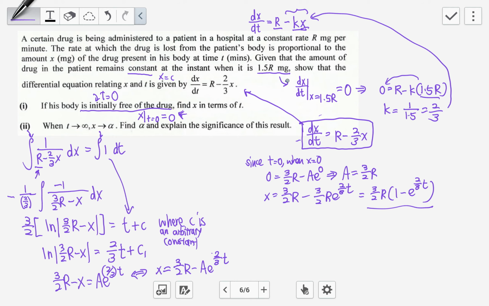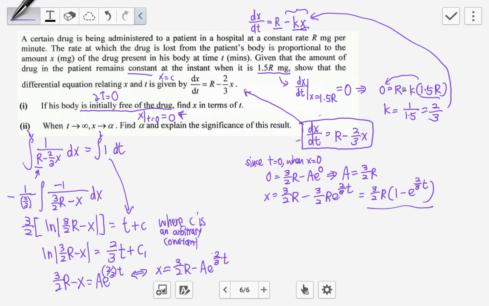So dx/dt at 1.5r equals to 0. So 0 equals to r minus kx. x is my 1.5r, so correct.